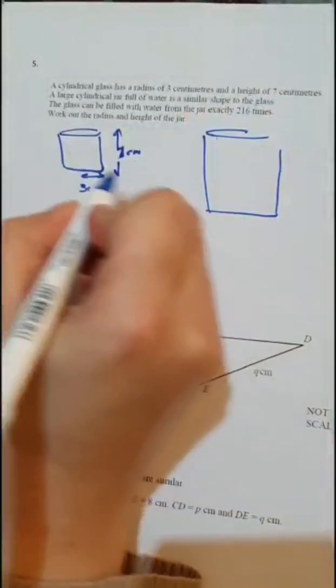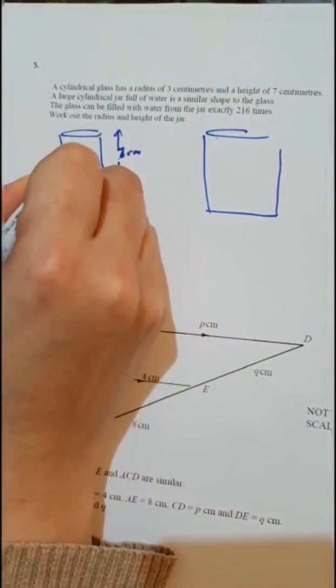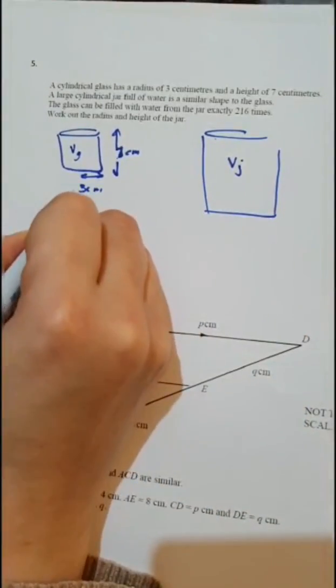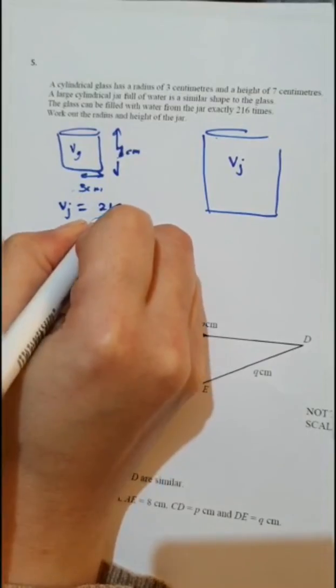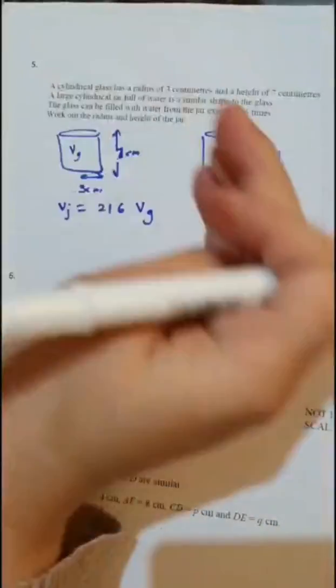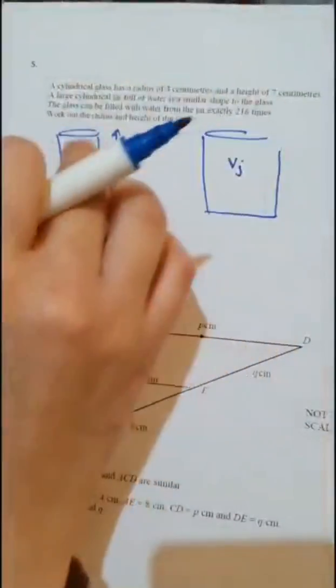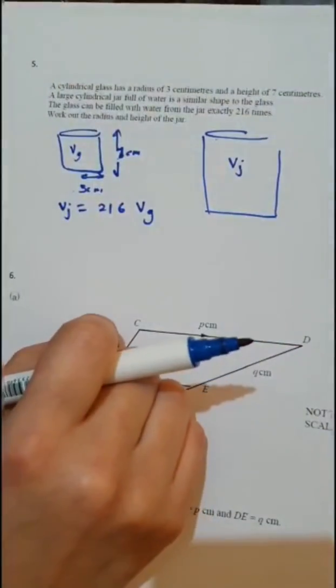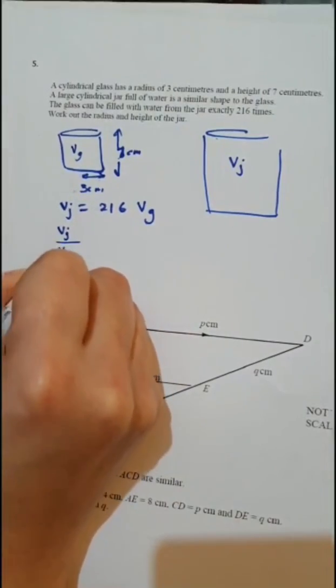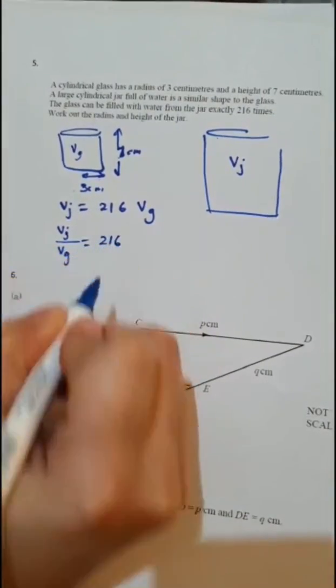So if I have the volume of this glass and the volume of the jar, I can quickly say that the volume of the jar will be 216 times the volume of the glass, because I need to fill the cup 216 times to get all the jar empty. So volume of the jar over volume of the glass is equal to 216.